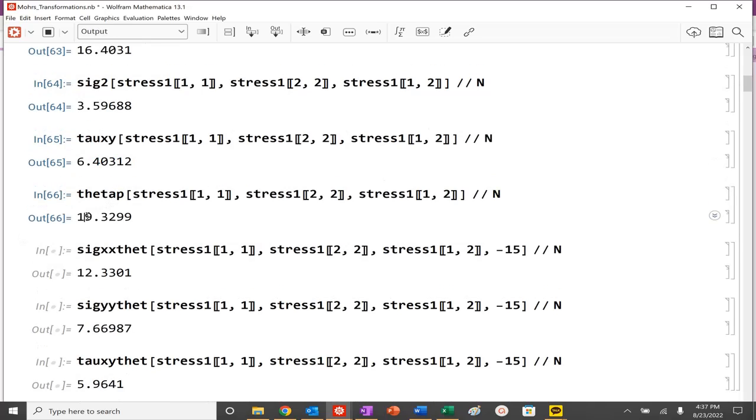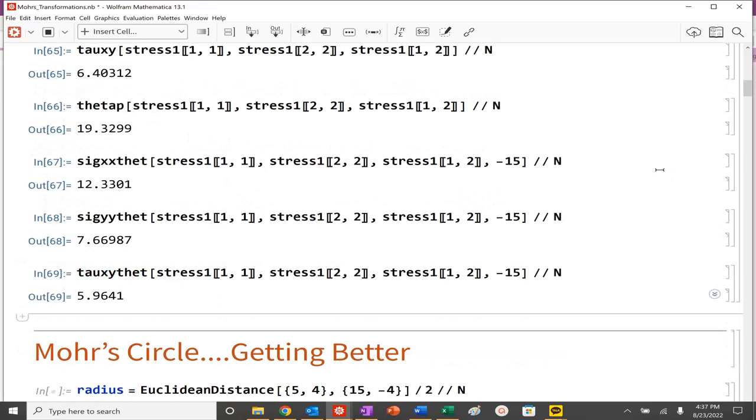This would be the angle, 19.3 degrees counterclockwise, to rotate to get to my principal stress state. If I want to find the stress state at a 15 degrees clockwise rotation, that's negative, I could plug in the angle, and this would be my stress state here.